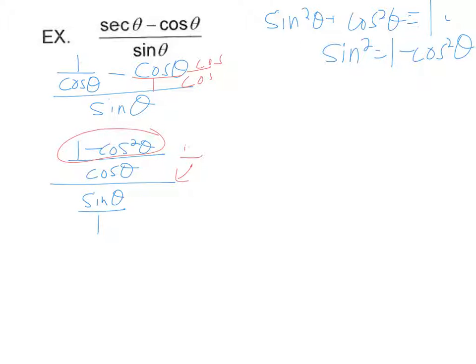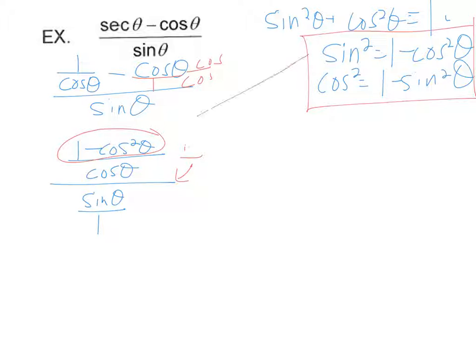Or if you subtract sine squared from both sides, you have cosine squared equals 1 minus sine squared. You might want to write those beside that Pythagorean identities box, because that happens a lot where you run into this identity but it's rearranged. So 1 minus cosine squared in a more simple form would be sine squared.